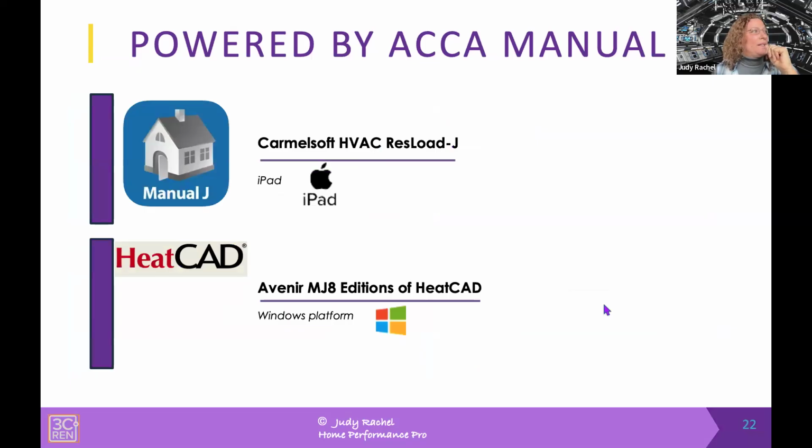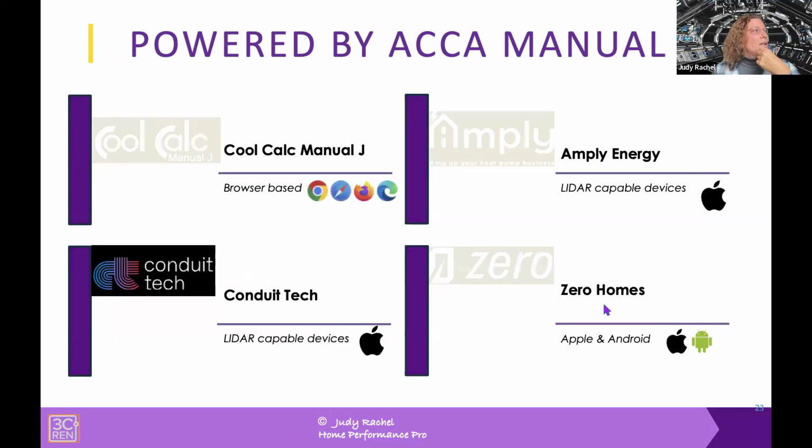And then there's ones for the iPad, Caramel Soft, and then HeatCAD. A bunch of them you'll notice are Windows platform. CoolCalc, Amply, Zero Homes, and then Conduit Tech. Those are currently the only software that have the Powered by Manual J logo approval.